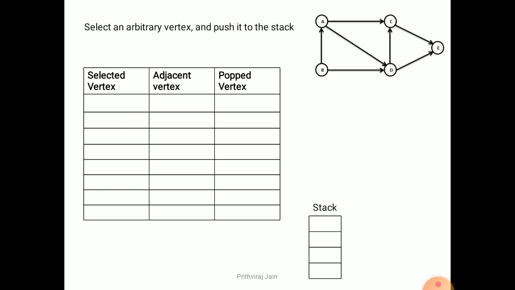According to the first step, we select an arbitrary vertex and push it onto the top of the stack. Initially I'll consider the first vertex as A, and push it onto the top of the stack. Initially the stack is empty. Now A is pushed into the stack.